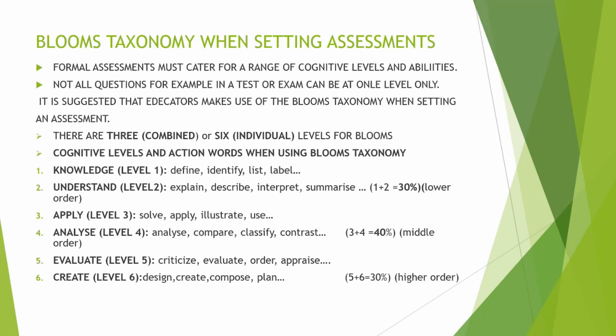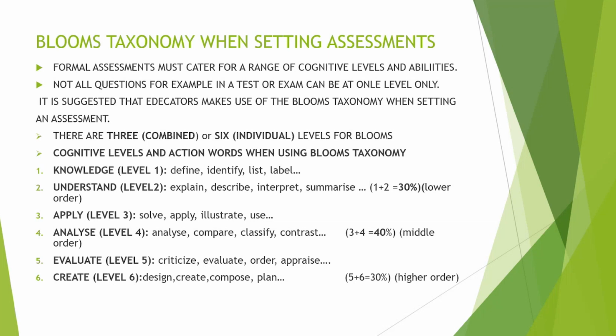Now, there are 3 combined or 6 individual levels for Bloom's taxonomy. Now, those levels are called the cognitive levels. And when you set an assessment, there are certain action words that you must use when setting these assessments.